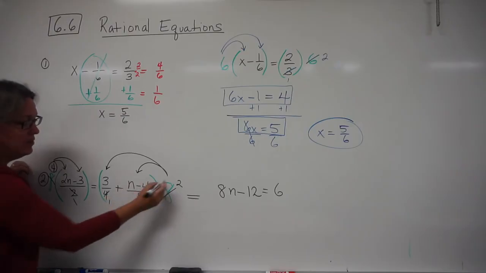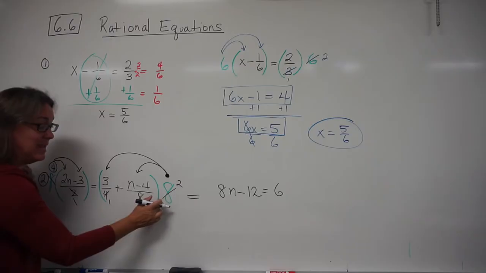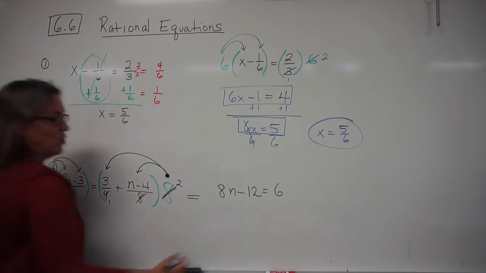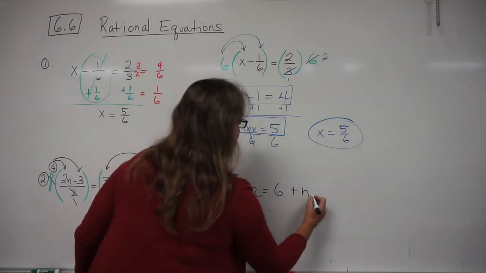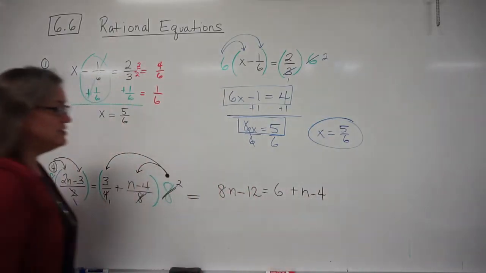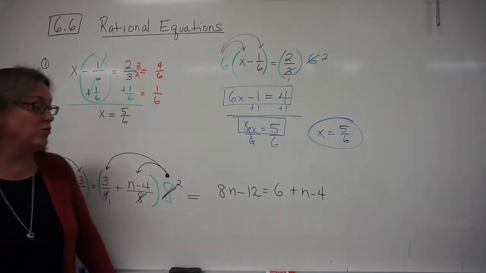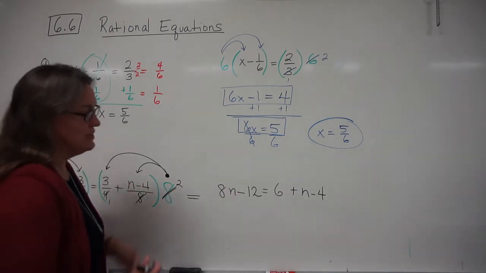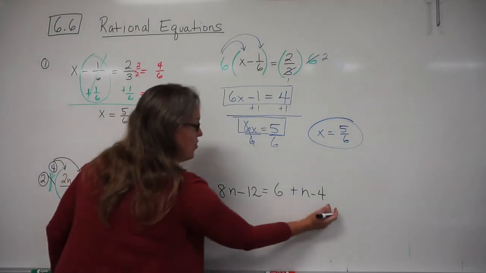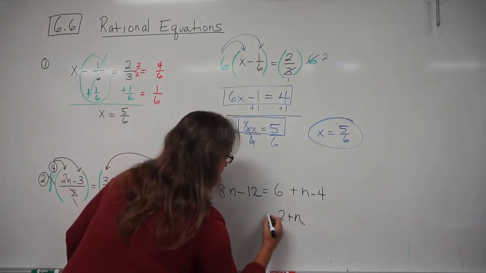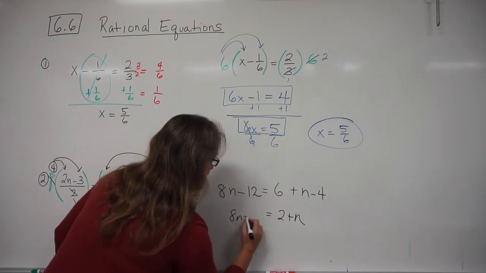I still have to multiply the second term here by the 8. The 8's cancel, and we're left with n minus 4. At this point, notice that there are no fractions left, and we just go about doing our solving. I will simplify a little bit. Over on this side, we get 6 minus 4, which is 2.